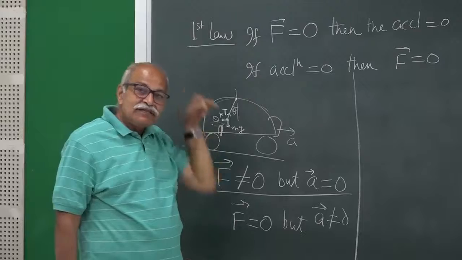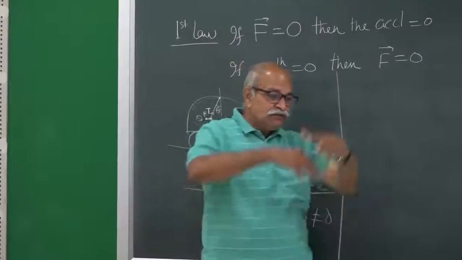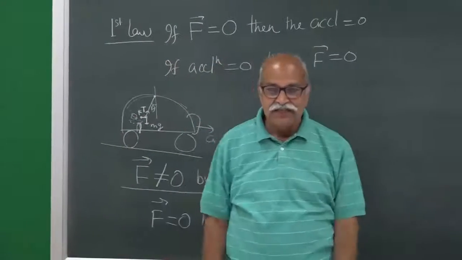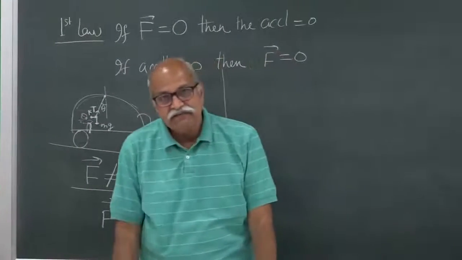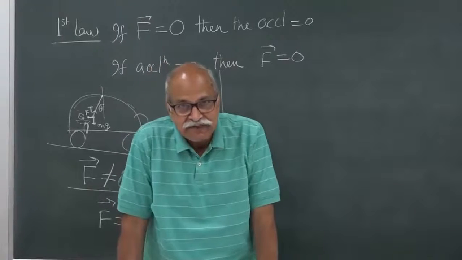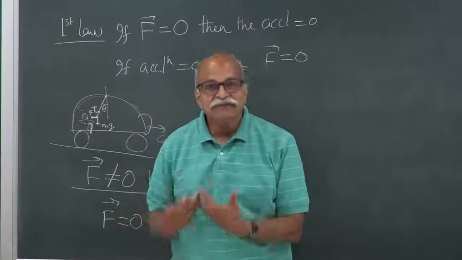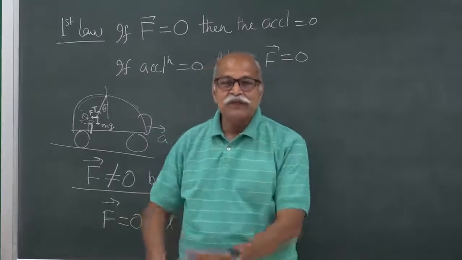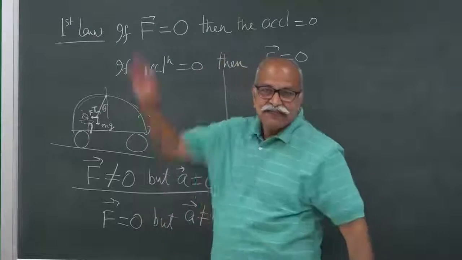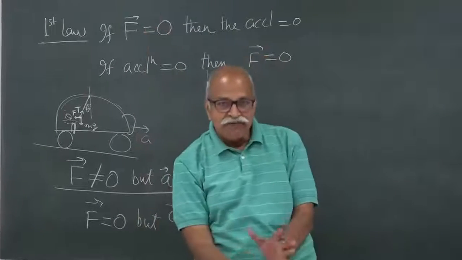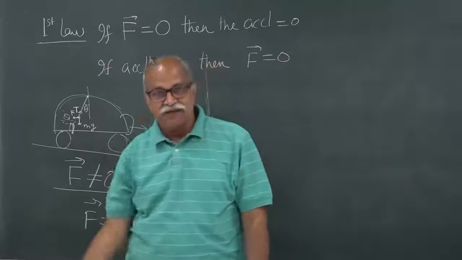So Newton's first law is not a universal law as such, because we are always free to choose our frames of reference. Whatever is suitable for me, I will use that frame of reference. So for some frames of reference it holds, for some frames of reference it does not.